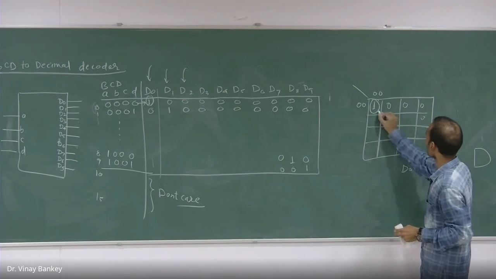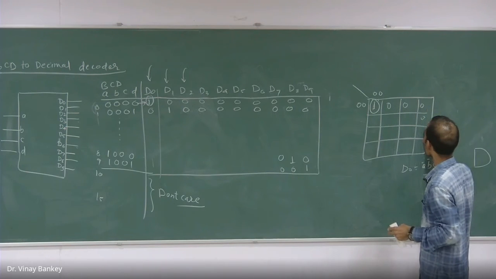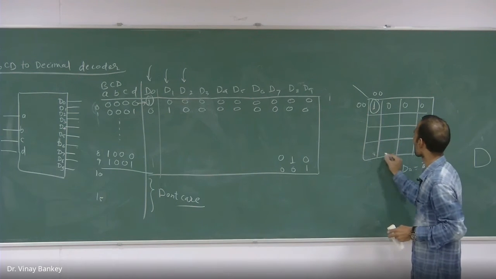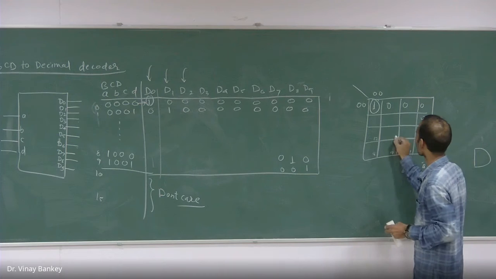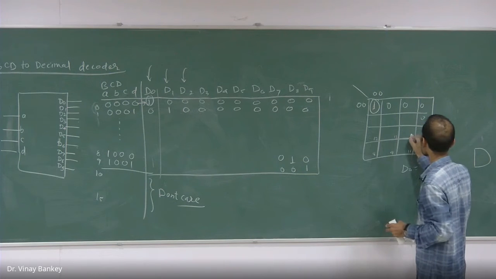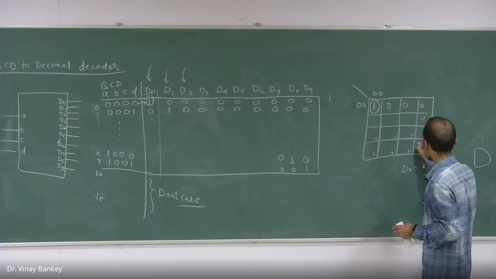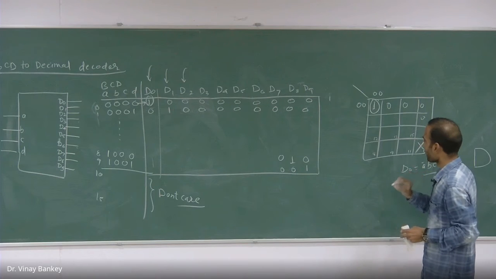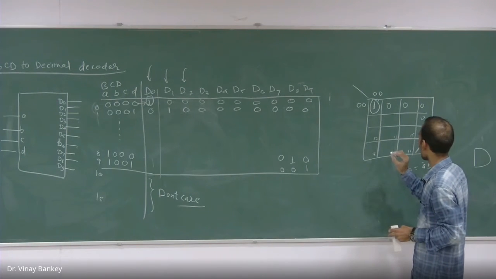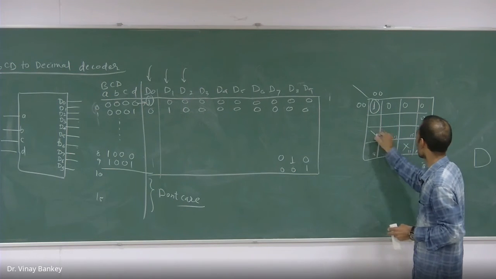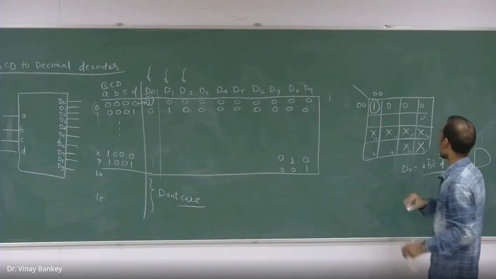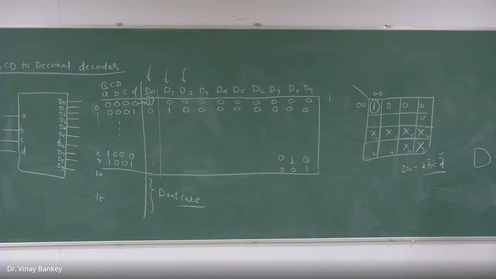So 0 to 7, 8, 9, 10, 11, 12, 13, 14, and 15. So 10 to 15, all this will be don't care states. Correct?